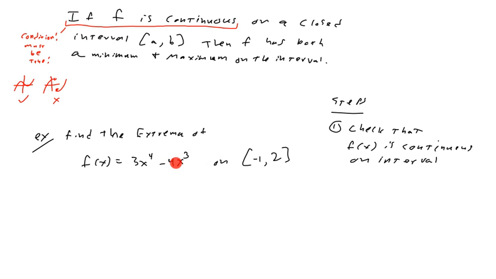Or piecewise functions. If there's some uncertainty about the continuous nature of your function, you have to check it out. But there's no uncertainty here. This is very easy, clear, check, no problem. So we don't need to worry too much about it.